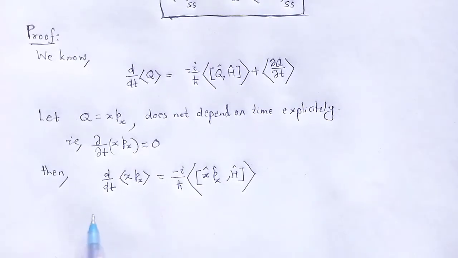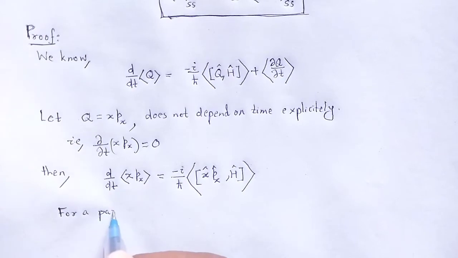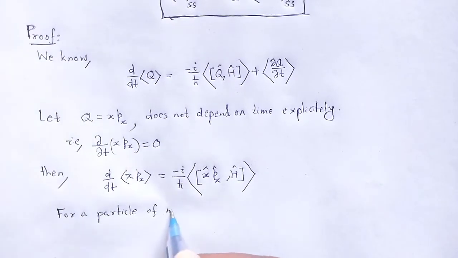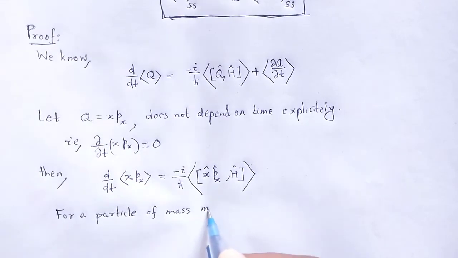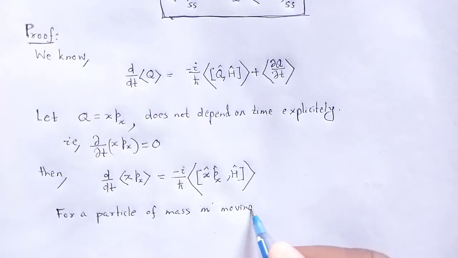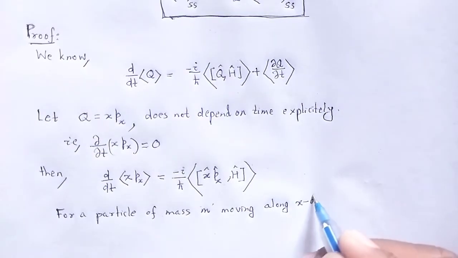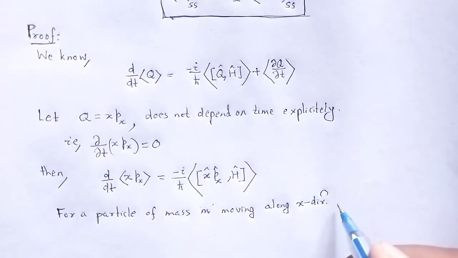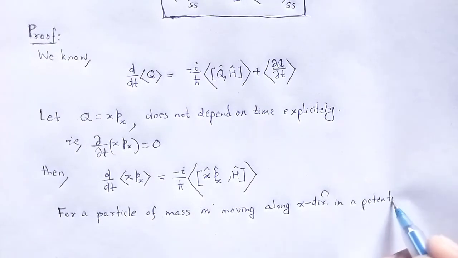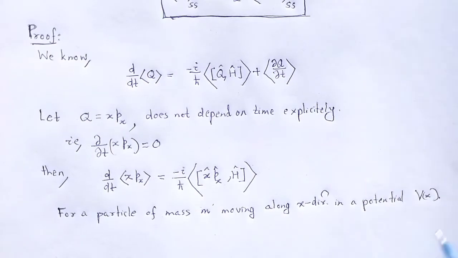Let us take a particle of mass m moving along the x direction in a potential V(x).